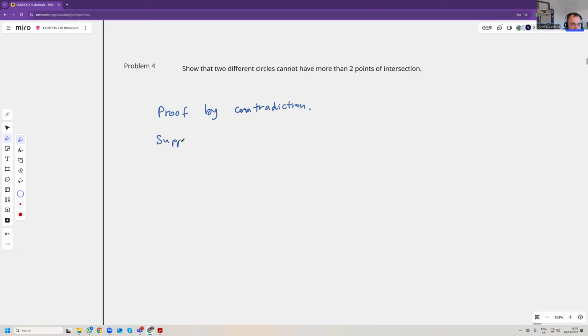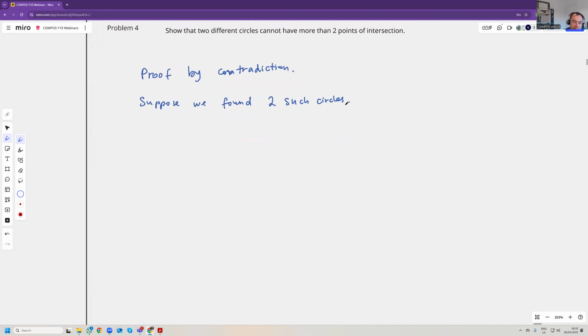Suppose we found two such circles. That means that they have at least 3 points of intersection. So they definitely have 3 common points.